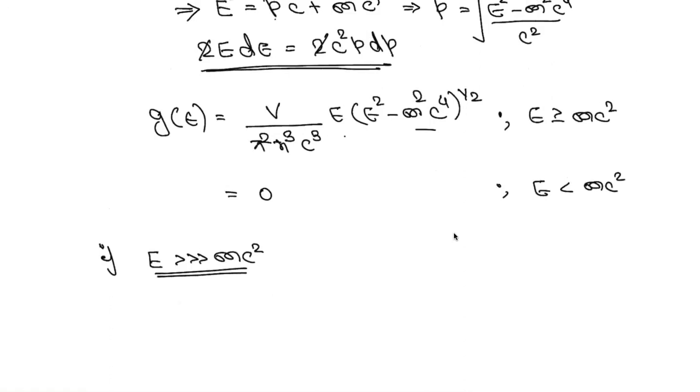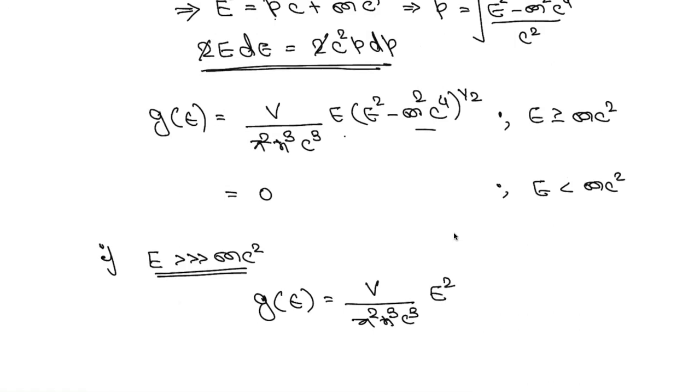And it simply becomes g(E) equals V upon pi square h cube C cube times E square.